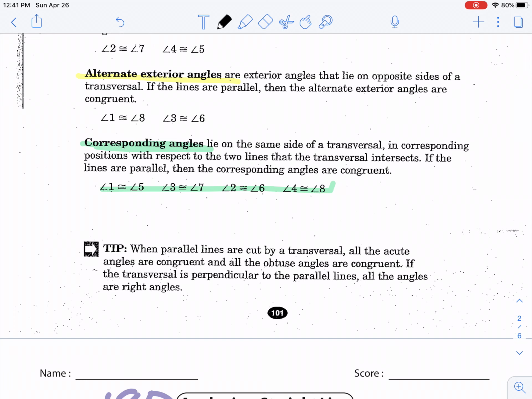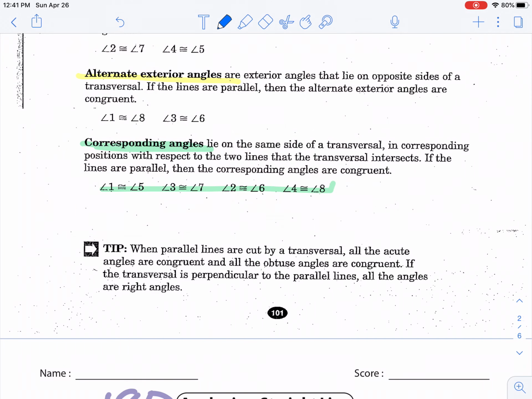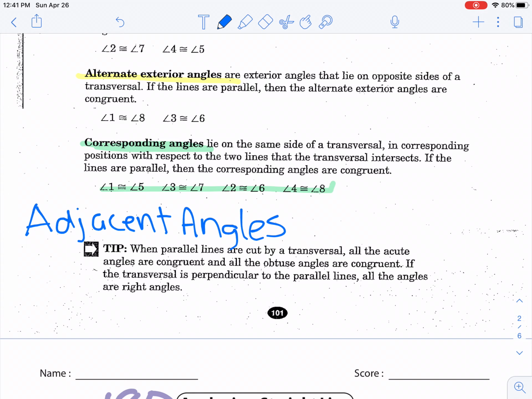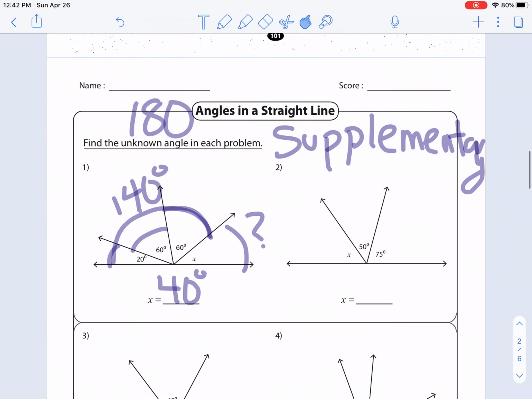Okay? There's one more vocab word, I don't think that was on this paper at the top, that I want to talk about. So you may want to add this on your paper, and it is adjacent angles. Okay? And adjacent angles are simply angles that are next to each other.